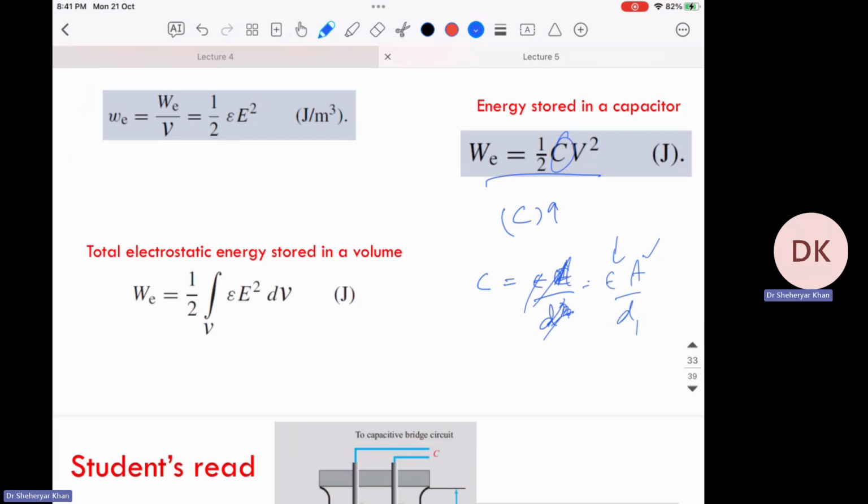Okay, so let's see some. Also tell you some polarization.